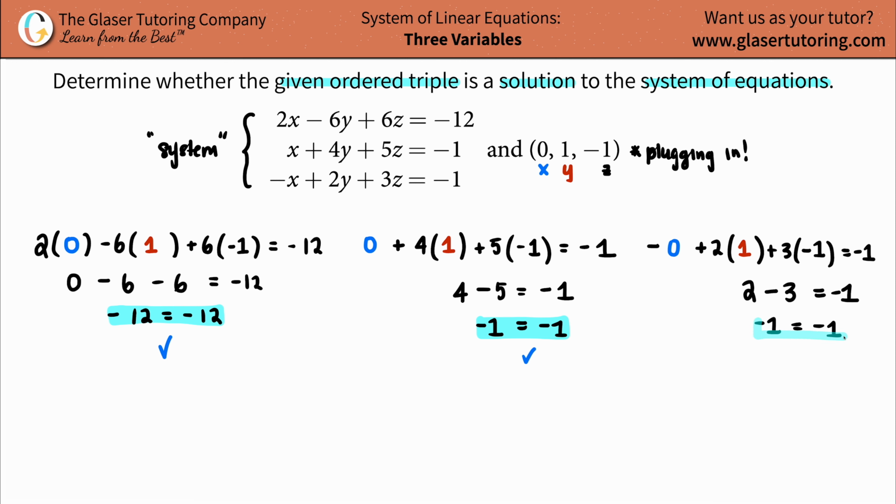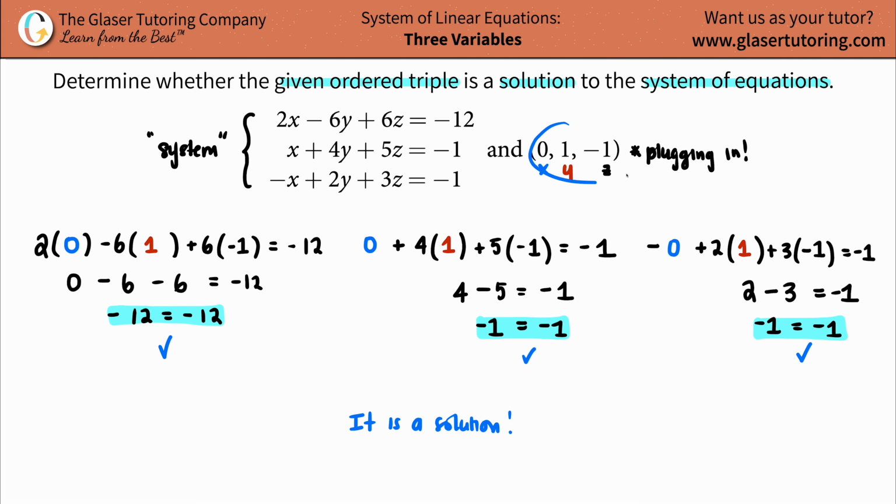So, if all of your equations make a correct numerical statement, where the same number is on the left and the right side, then what do you think? Is this ordered triple a solution? Yes, it is. It is a solution.